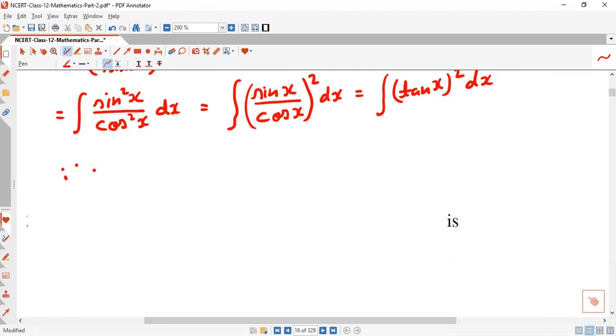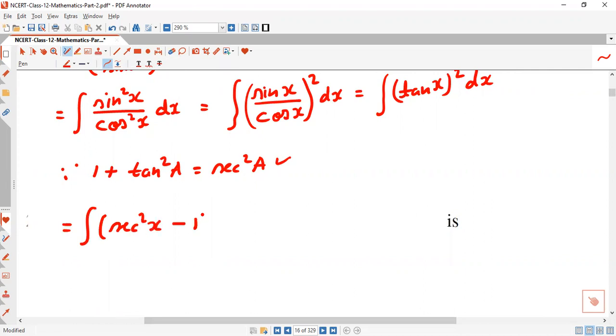Since we know 1 plus tan square a equal to sec square a, we will apply this formula in this integration. So now this tan square x becomes integration of sec square x minus 1 dx.